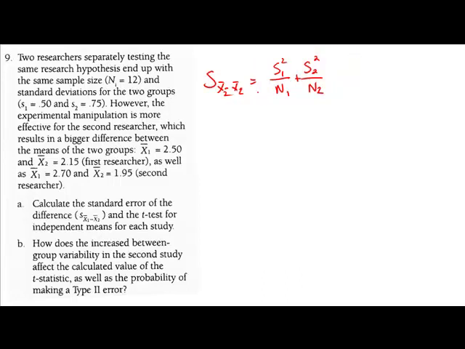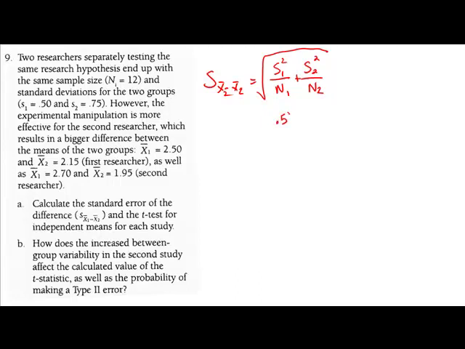Alright, let's see if I can shorten this up. Okay, so let's do it for the first researcher. Let's double check. Oh, well, this is going to be the same because they have the same sample size.